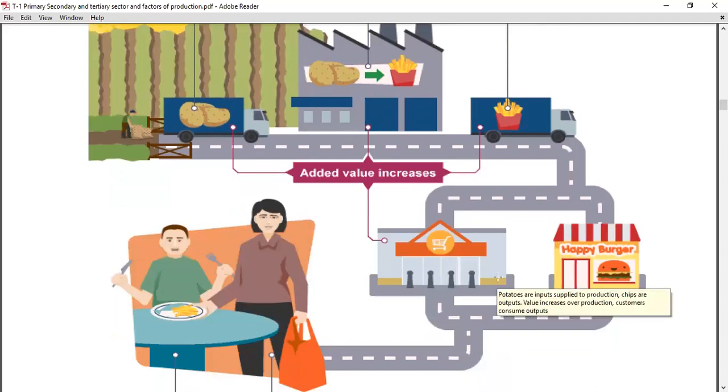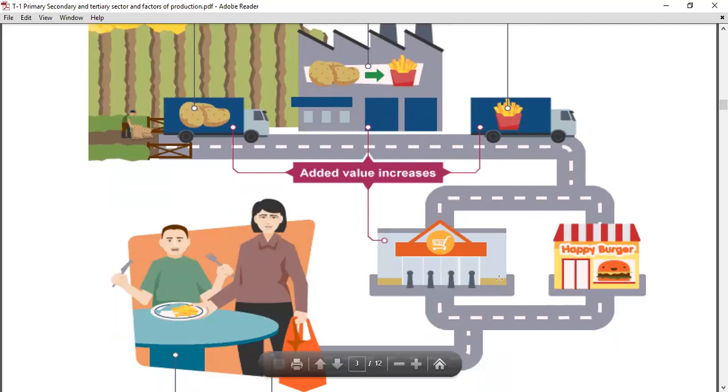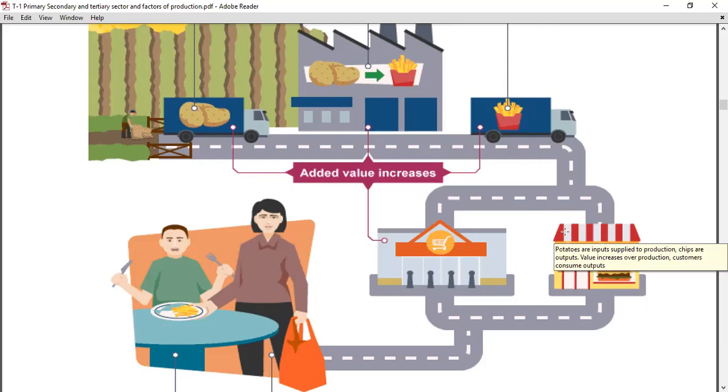These are the places where customers can conveniently go and purchase these items. So you can see it's a huge process, this entire economic activity. We can see different activities: the transport and logistics sector, agriculture sector, manufacturing sector, and the hospitality, tourism, restaurant and hotel industry. So about 4 economic activities we can see.